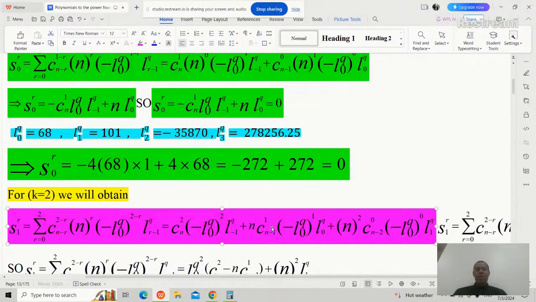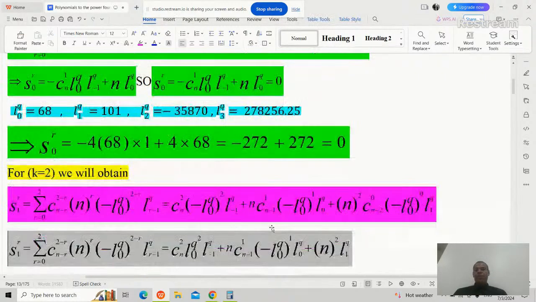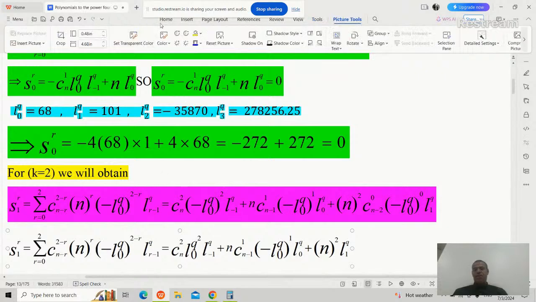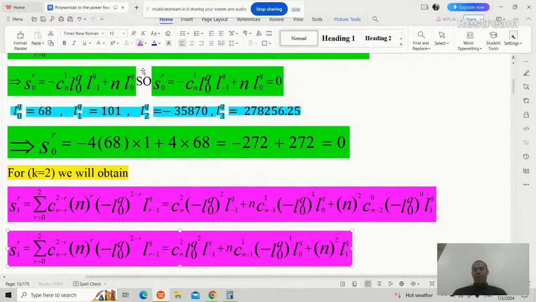Let's see, learners. We told that S1 is the sum from 0 to 2, combination n minus r, choose 2 minus r, n raised to the power r, between parentheses, negative L0 of order q raised to the power 2 minus r multiplied by Lr minus 1 of order q.